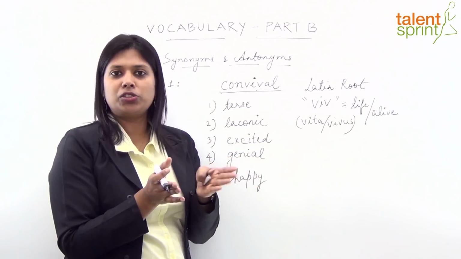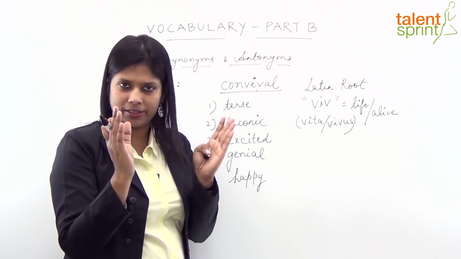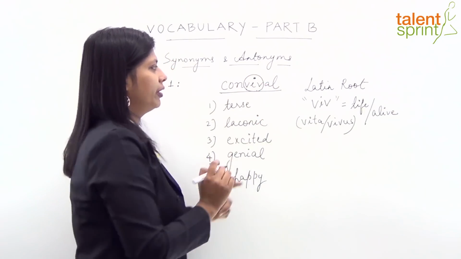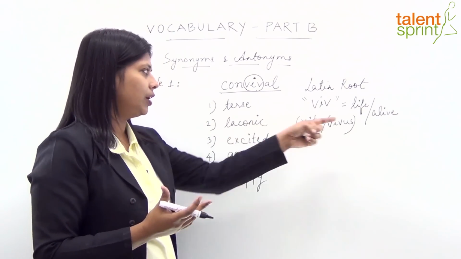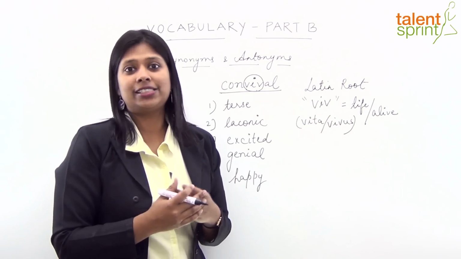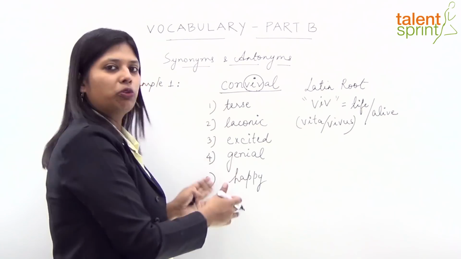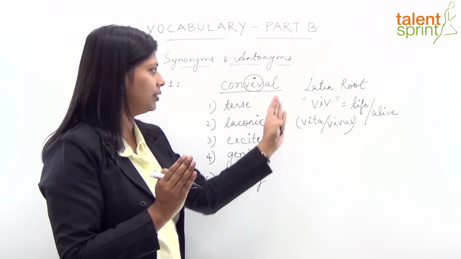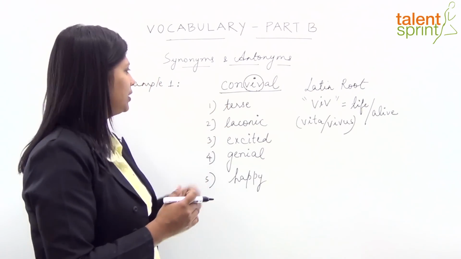As I talked about earlier, root word is the smallest unit, which is minus the prefix and the suffix, right? So in this case, it is viv. So viv is actually a Latin root word, which means life or a state of being alive. So let's see which of the following words here express the meaning closest to this root meaning that we have arrived at, right?